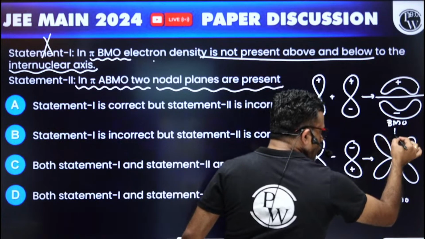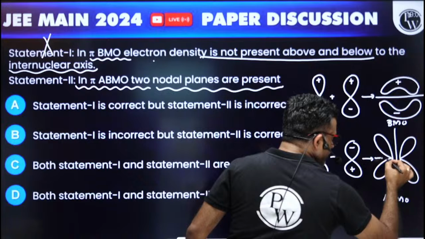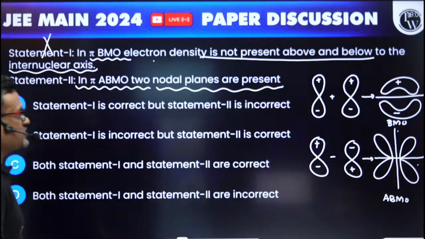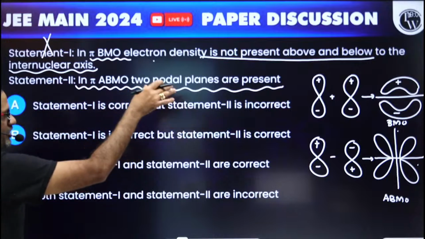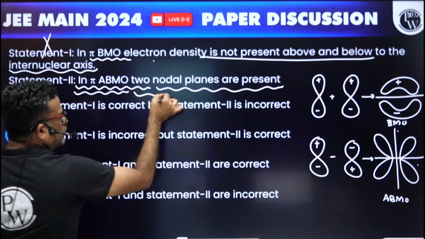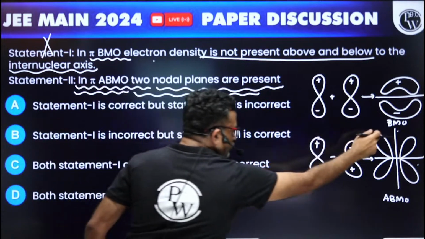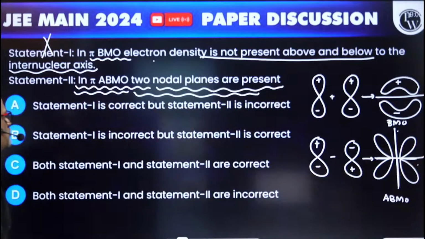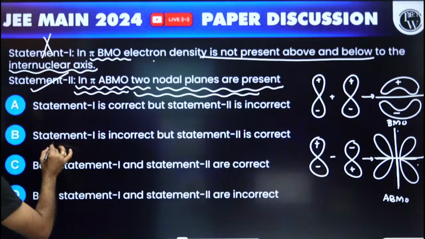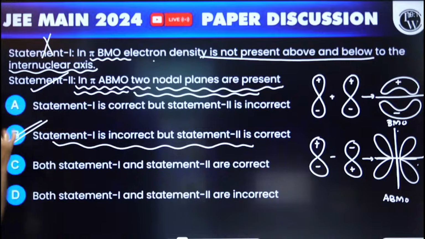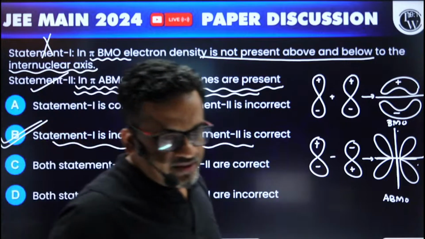And this is the zone where there is zero probability of finding the electrons. There are two zones which are called nodal planes, where there is no probability of finding the electron. In antibonding molecular orbital, two nodal planes are present. So therefore, statement 2 is right. Statement 1 is incorrect, but statement 2 is correct. So your option is B. Is that clear?